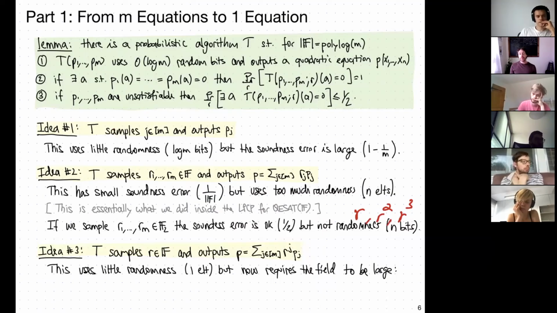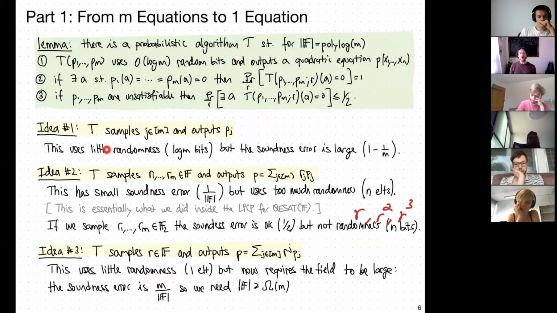But the problem is that we would require the field size to be really large, right? Because the soundness that we're getting in such a situation would be m, the number of equations, over f. And so we'll need the field size to be really huge, which is again something that we won't be able to achieve because we want the field size to be logarithmic in m.